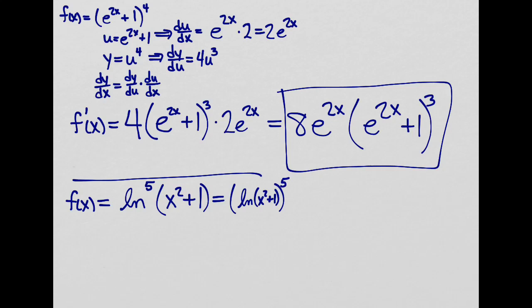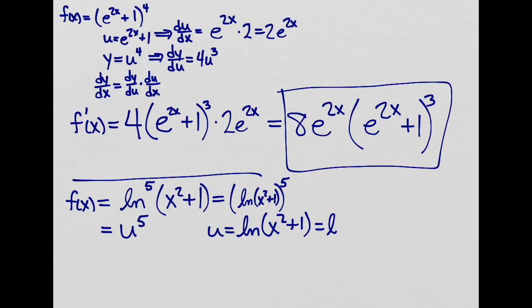And so what I recognize is the last thing that I'm doing is I'm finding a 5th power. And so I ask myself, what is it that's to the 5th power? U to the 5th power, where u equals the natural log of x squared plus 1. And this happens to be a function of something else.